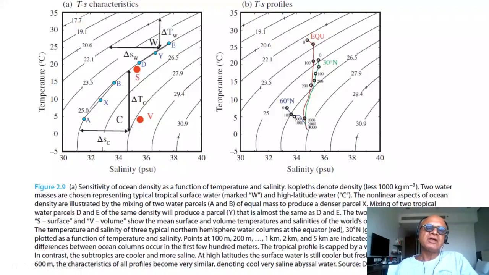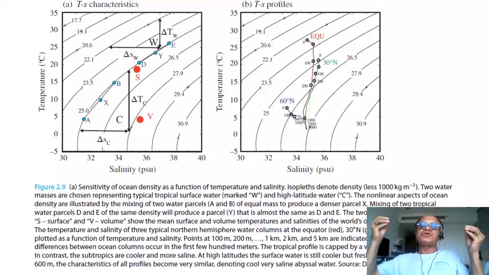But the other point you can see is that if you take two water masses on the same density line and mix them together, so let's say you take A and B and mix them, X here will have the average salinity of these two and the average temperature, which is going to give you a density that is not on the same line anymore. Okay, this magic happens because of this nonlinearity, and it's called cabbeling, where you take the same density with different combinations of temperature and salinity.